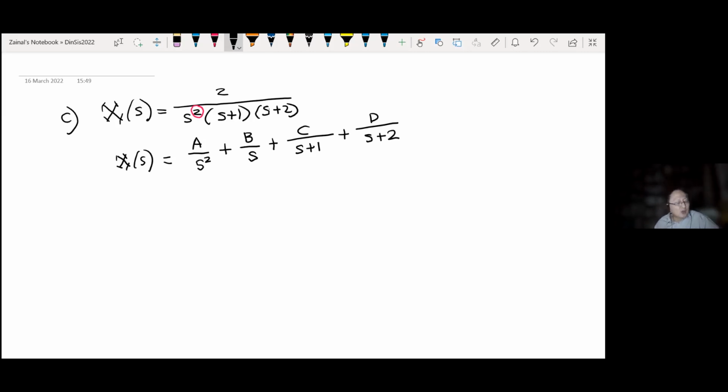But I want to show you, if you do not want to use the identity method, then what you can use is this.